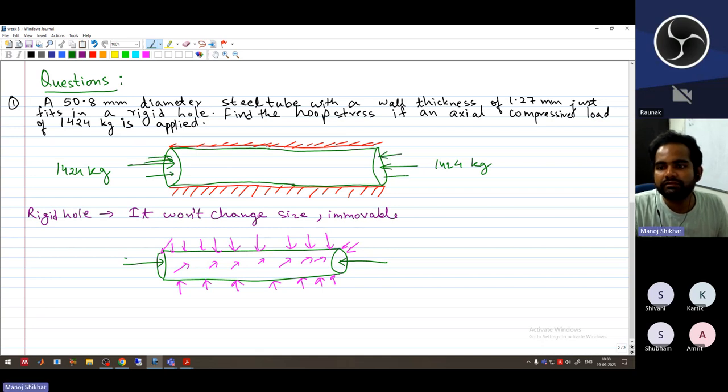This is the compressive load. So this is a biaxial loading. You can see that the hole is actually applying traction on the body.